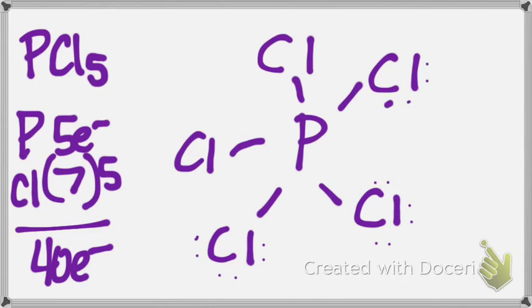I don't know why that electron was so much bigger. Okay, let's count up the... Oh, forgot some. All right, count them up. Hopefully it's 40. It is 40. Okay, so we're done drawing.